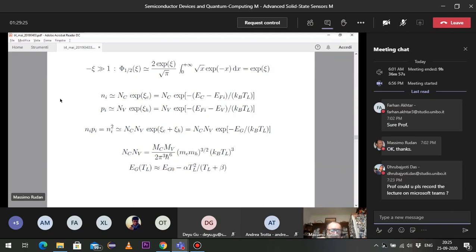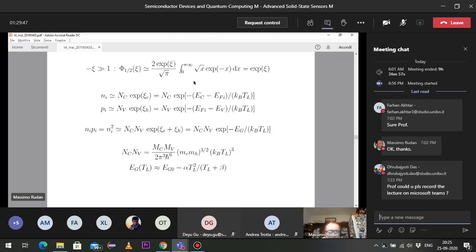Okay, so for instance, if we take the product NiPi, this is important. It is called the equilibrium product of the concentration. Since Pi is equal to Ni, we can write it down as Ni squared.